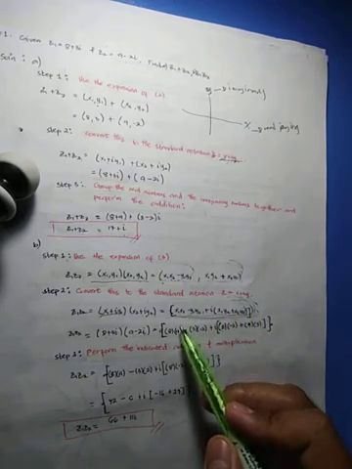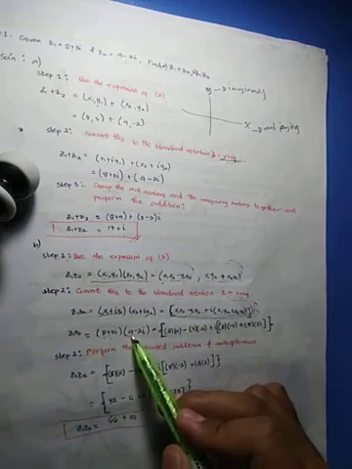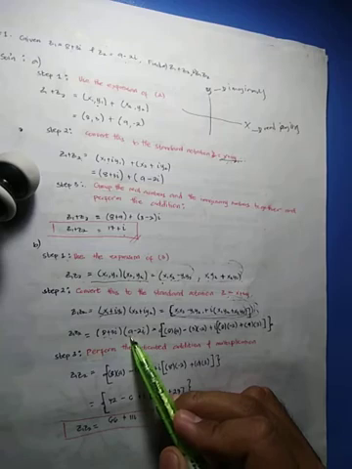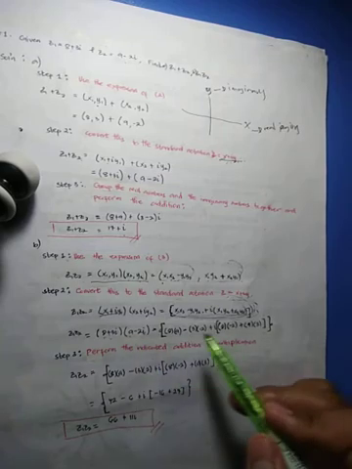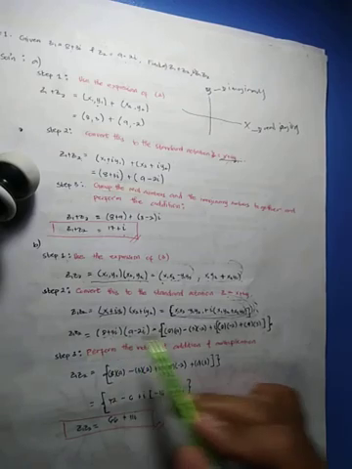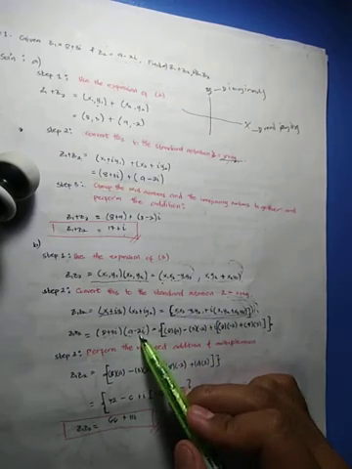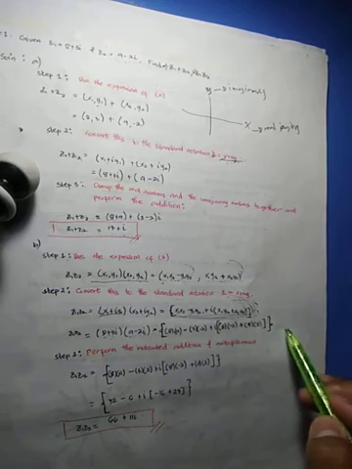So all I have to do is substitute the values. x1 is this one, x2 is the real part of the second complex number, y1 is the imaginary part of the first complex number, which is 3, and y2 is the imaginary part of the second complex number, which is negative 2, and so on and so forth.